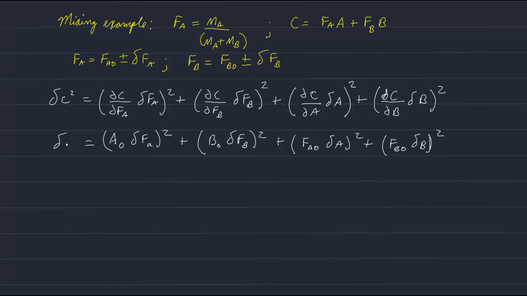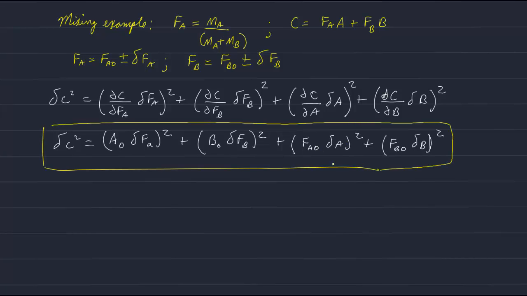And so this is how we would compute the variance of C in which all four variables are uncertain.